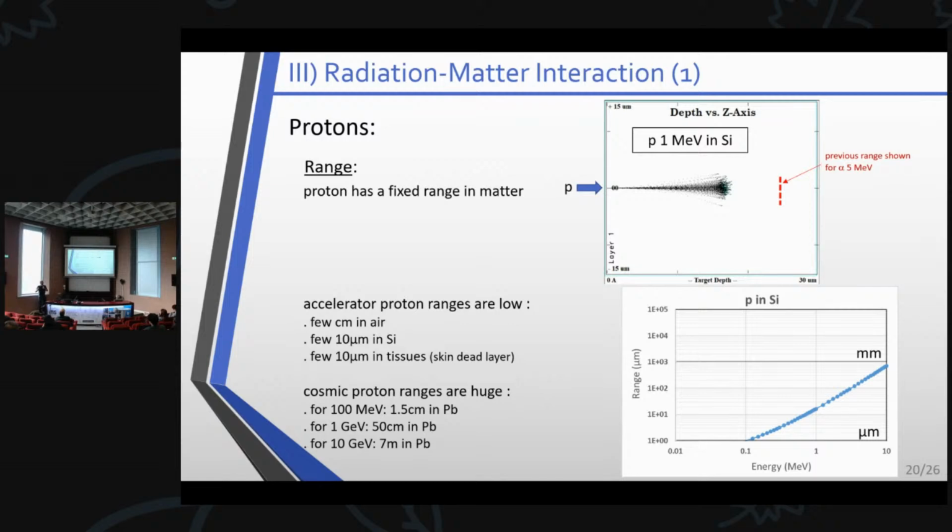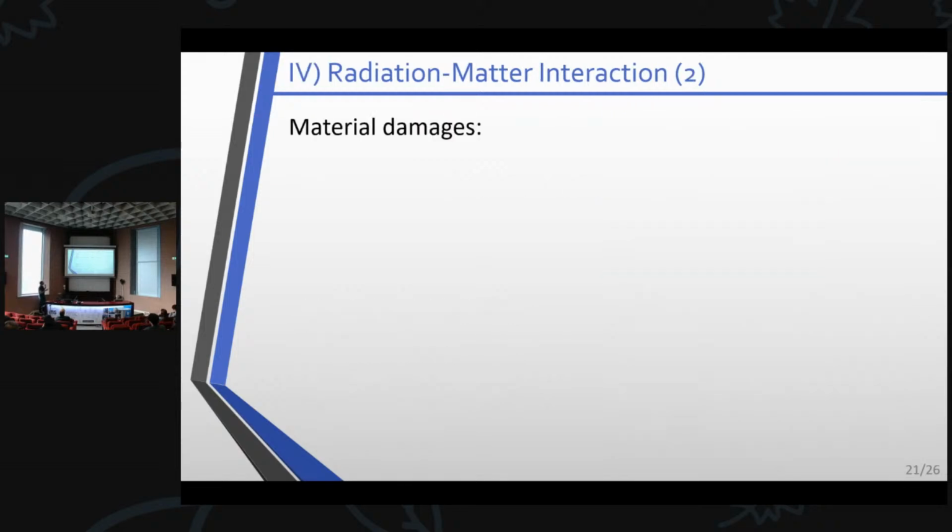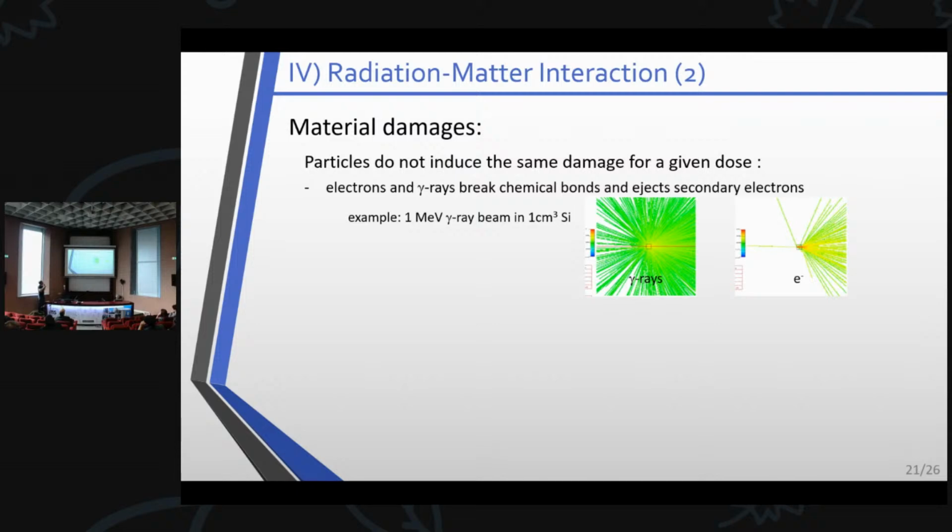Okay, so I just gave you a scope of different particles, let's say, about various concepts of radiation-material interaction. So we can perform material damages. The damages will depend on the type of particle, because it does not induce the same damage even for the same dose in gray in silicon.